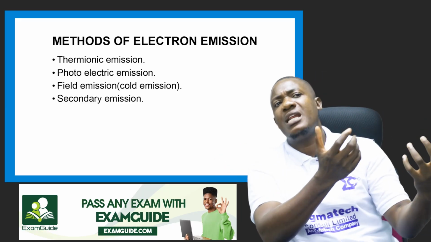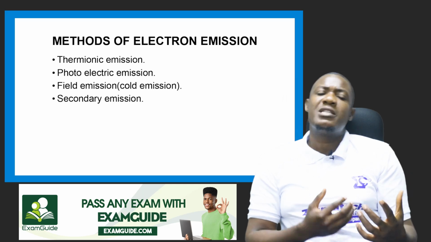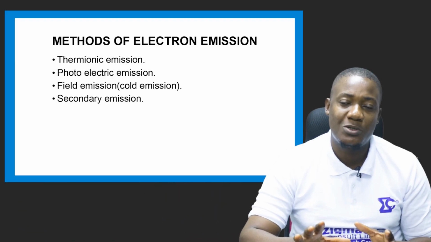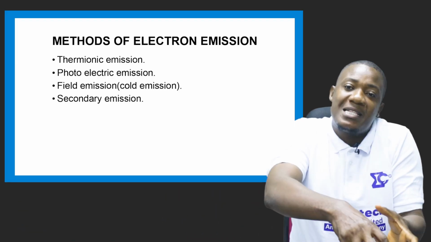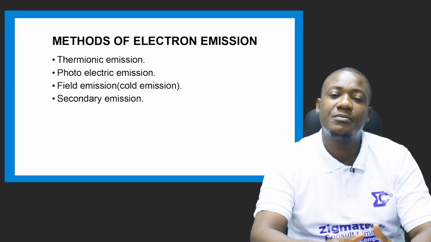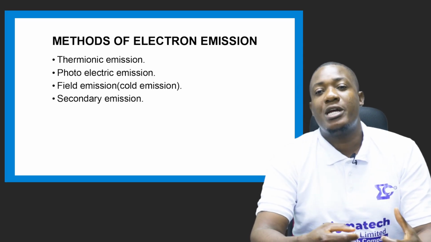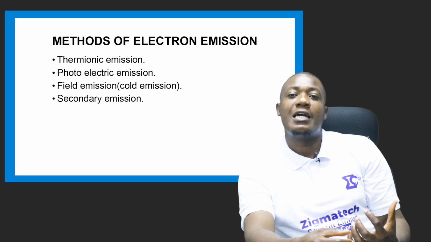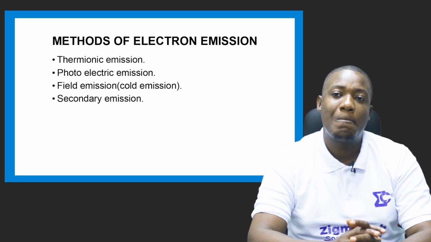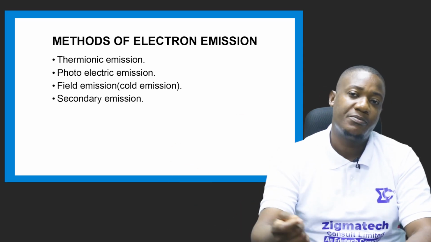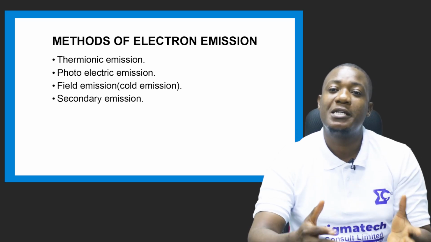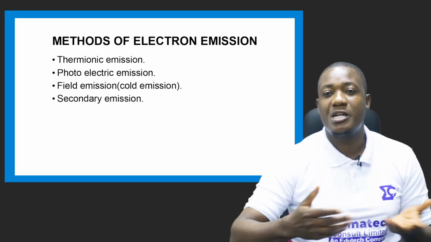Now, if UV light, for example, is made to fall on a metal, as it keeps falling on the metal, it will get to the point that the electrons in the metal, as they acquire these photons from, for example, the sun, will be able to escape the binding force, or the attractive force that's keeping the electrons in place.